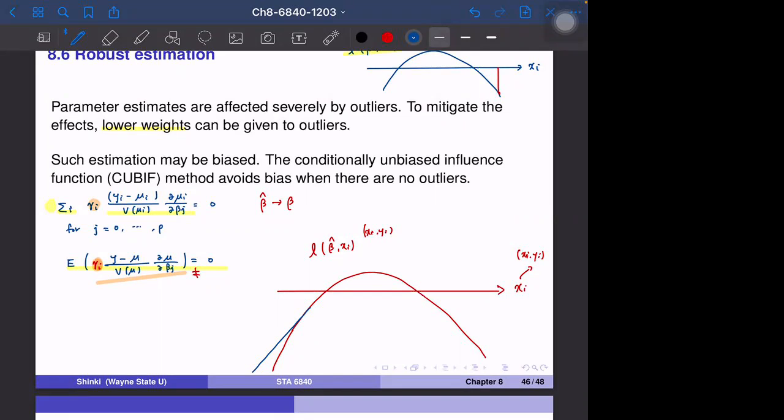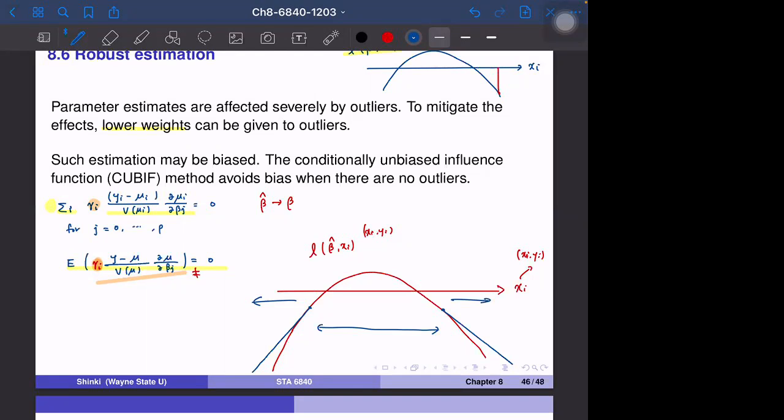If observations are within the normal, the usual range, we don't change the likelihood function, but we just change it for the outside. So here and here, we change the likelihood function. This is the so-called Huber type error function.